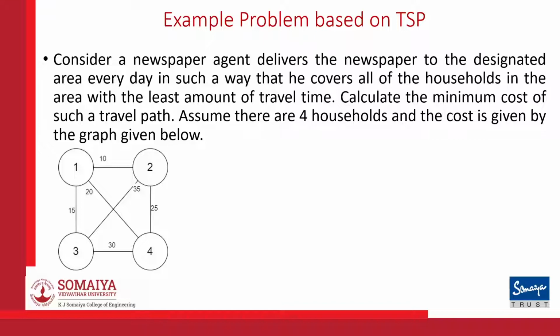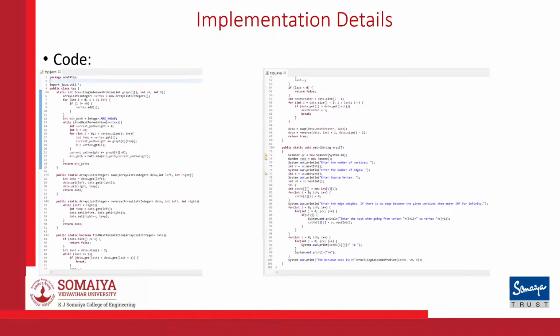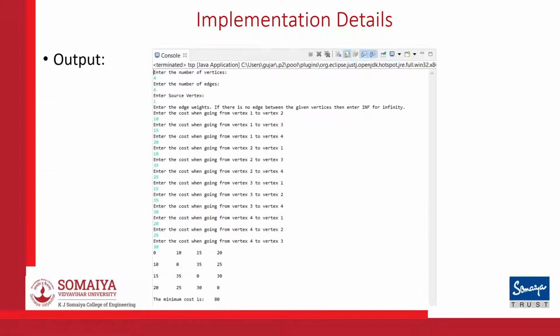So this is the code and the implementation details behind us trying to solve the problem, and this is the output. We can see that the minimum cost is 80. That means the minimum cost that we wanted is 80.